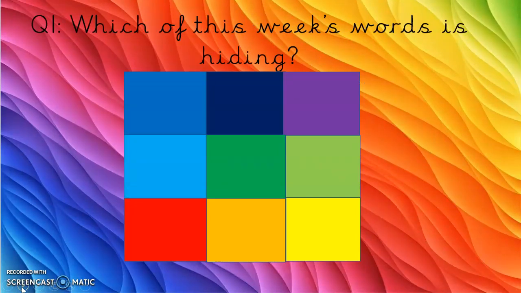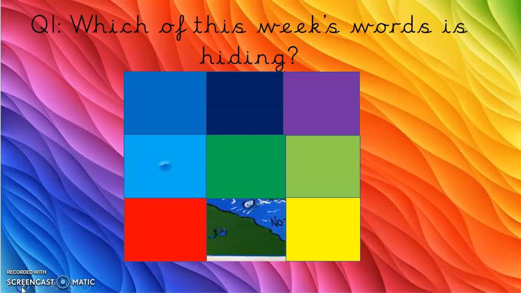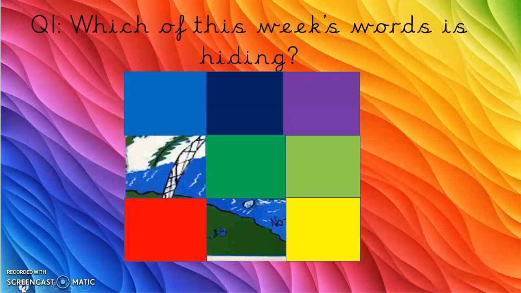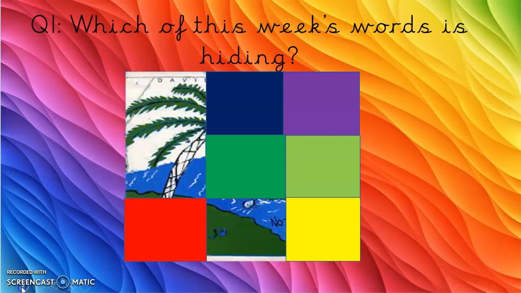Here we go now. It's quiz time. Which of this week's words are hiding? So we've got a picture to give us a clue, and then we'll write down the word. Get your pencil and your paper ready. Watch for the squares disappearing. What looks like a tree? And the sea?